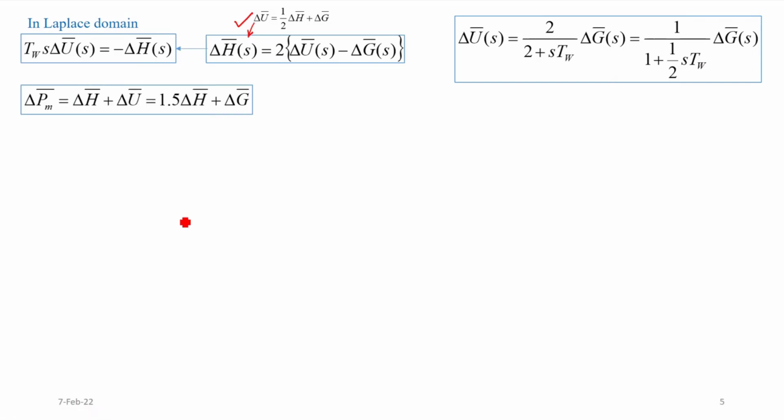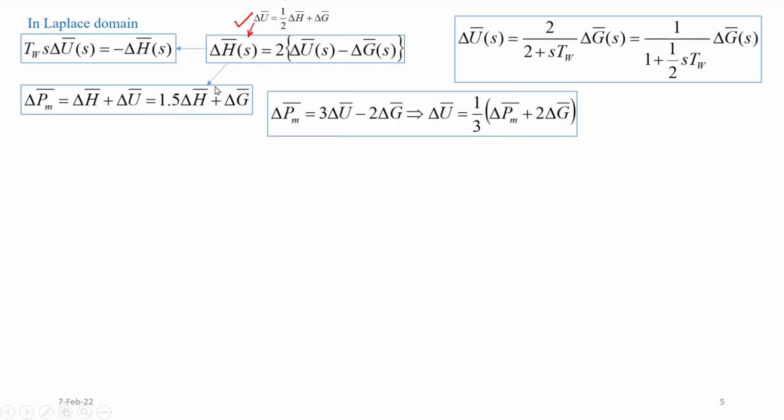Now, we know your delta PM equation, that we have already derived, that is delta H bar plus delta U bar equal to 1.5 delta H bar plus delta G bar. And again, if I substitute this delta H bar here in this equation, it will become delta PM bar will become 3 times delta U bar minus twice of delta G bar.